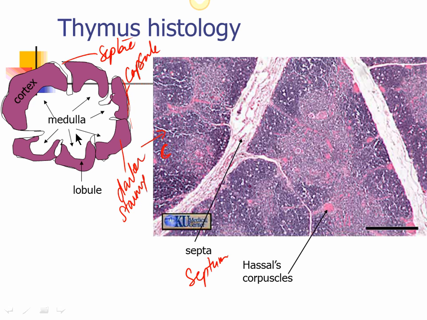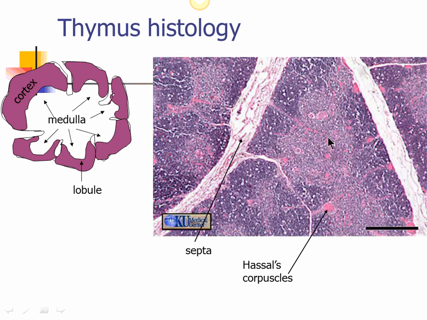What you can see in this picture is that the cortex is confined to a lobule up here. Can you see that? The medulla spreads around, but it's still present only in the center. So here, this is the cortex. This area here is the cortex. This part here is the medulla.